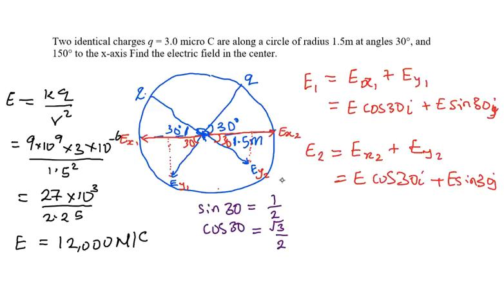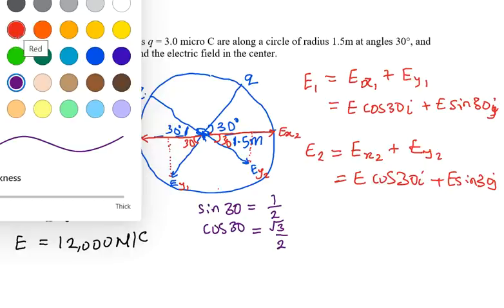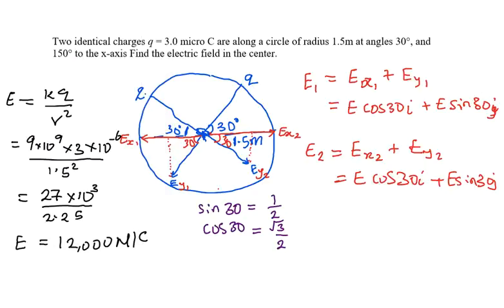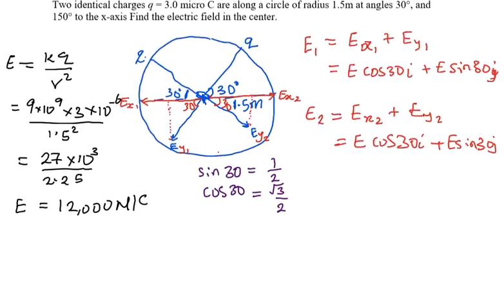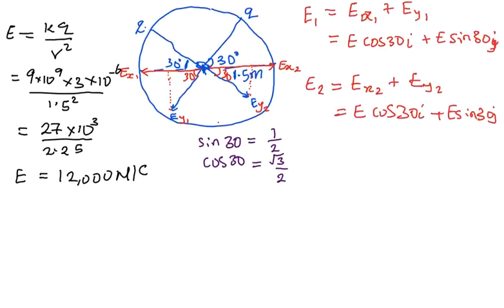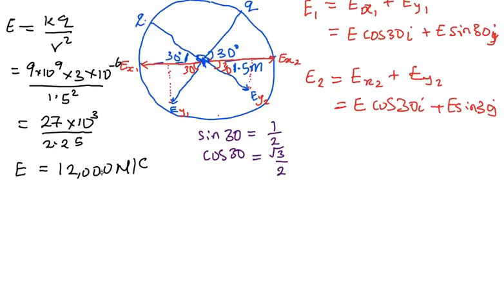So since we've gotten all this, let me switch my pen to red. It will be easier for us to calculate the electric field, and we've gotten the electric field in the first angle to be this expression. The electric field E2 will be this expression as well.